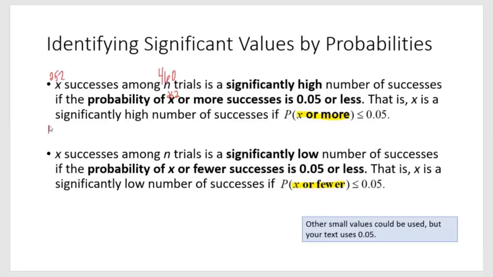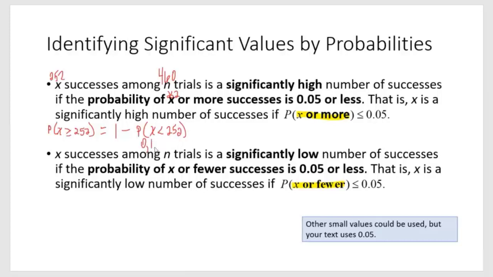So if we wanted to find the probability that X was greater than or equal to 252, then really what we can do is find 1 minus the probability that X is less than 252.